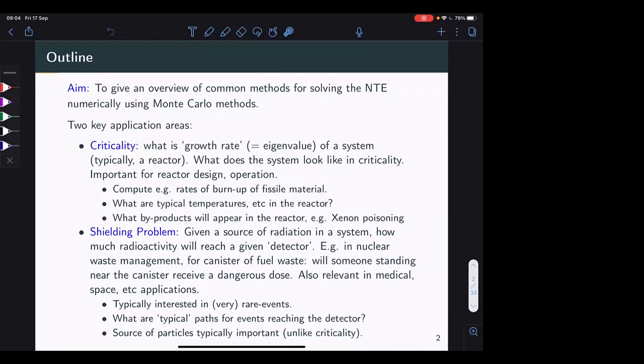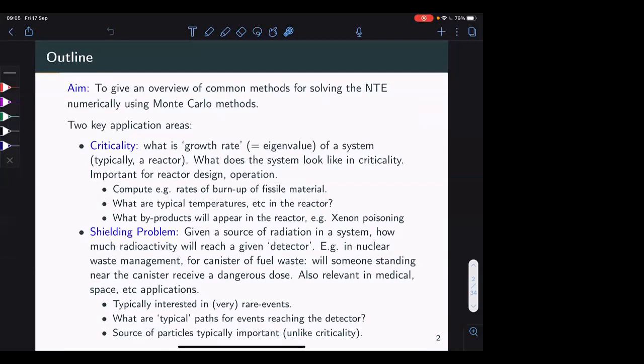From a mathematical perspective, it is basically about finding eigenvalues. The fundamental problem is that we have some sort of nuclear system, a branching system, with particles coming out and particles being killed, and we think of this as a nuclear reactor. Generally, we're going to run these systems close to criticality.